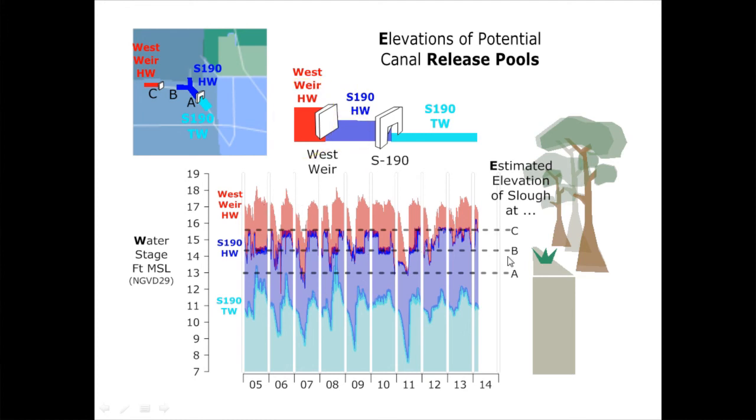And you can see, if we superimpose, for argument's sake, the dotted line indicating the estimated elevation of the slough at each of those points, it shows the height of the water at those locations relative to the land surface. So that gives us an idea on a starting point for looking at where are the best places to release water.